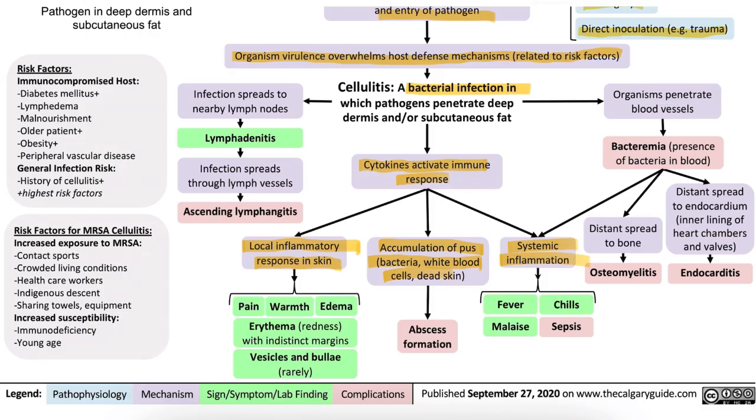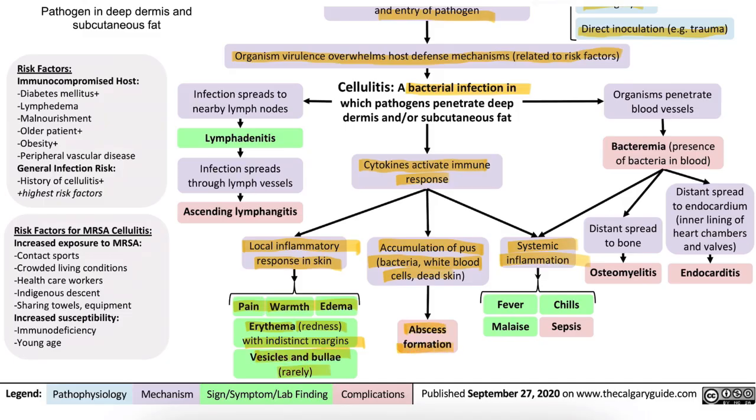The inflammatory response causes vasodilation, capillary leak and edema. Neutrophil recruitment occurs and it causes cellulitis. Locally you can see pain, warmth, edema and erythema, with vesicles or bullae in rare cases.